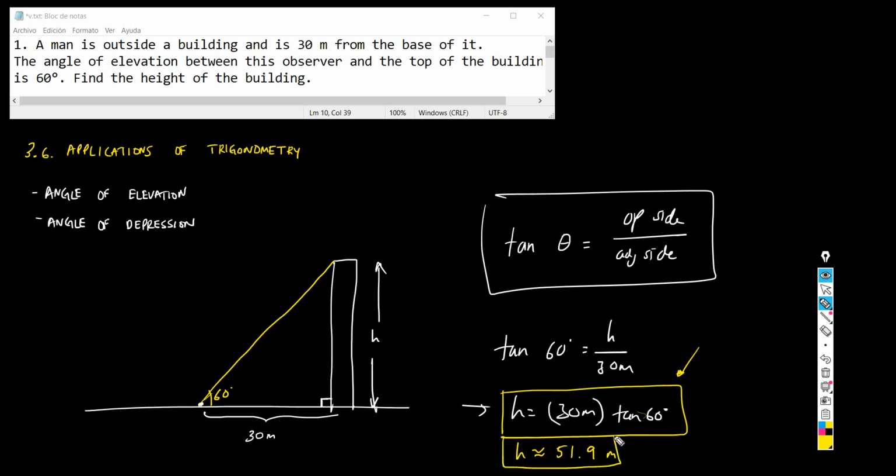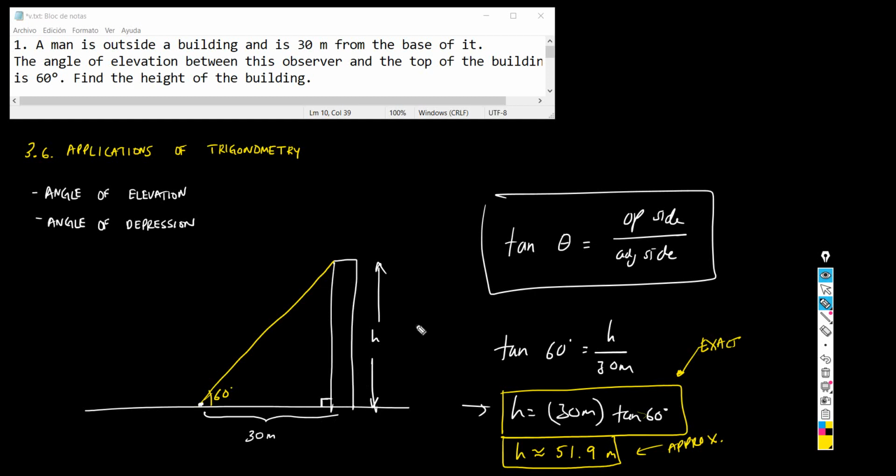This is the approximated answer. This is the exact answer, and this is just the approximated answer. I usually recommend writing both: the exact mathematical solution and the approximation. So that's how you can use trigonometry to know the height of a building.